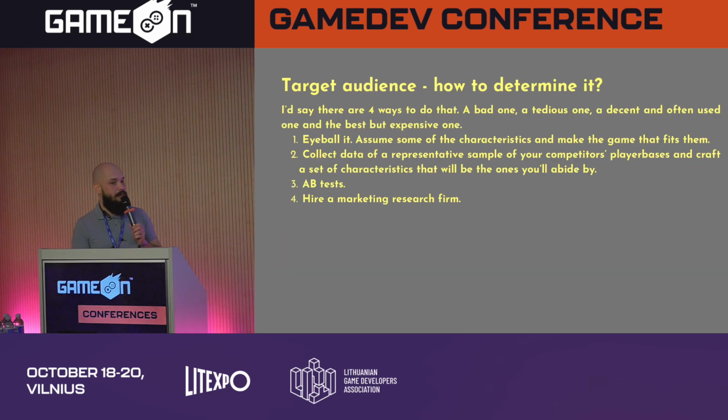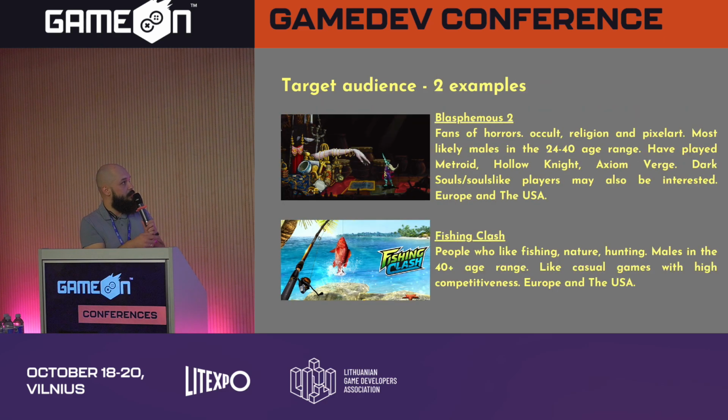And you know, it's very easy to talk about having a target audience, but it's usually quite problematic to actually find your target audience. And there are like 4 ways to do that. One of them I do not recommend at all, which is eyeballing it, which I did for Blasphemous 2.